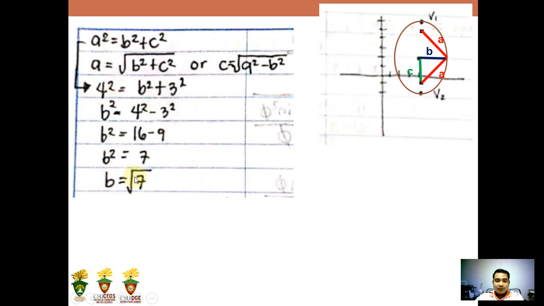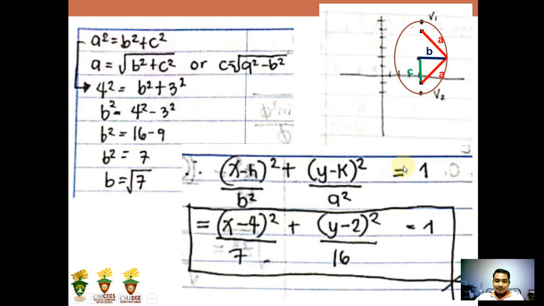I guess that is easy to follow. From the standard equation of an ellipse that we showed earlier, we have (x minus h) squared over b squared plus (y minus k) squared over a squared equals 1. We already have the values of h and k, which we got through plots.